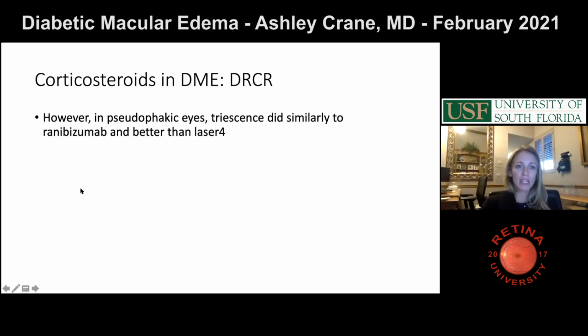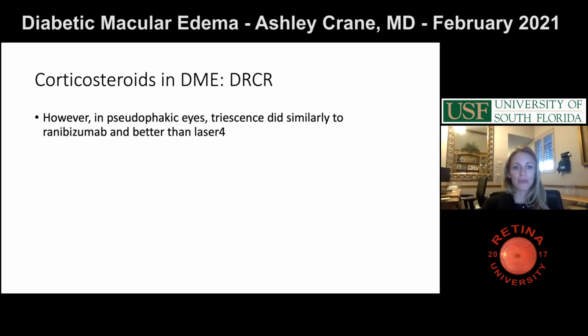When we were looking at the DRCR, we were looking at all eyes in terms of triessence versus laser, in those charts. But if you look at just pseudophakic eyes, the triessence did similarly to ranibizumab and better than laser.